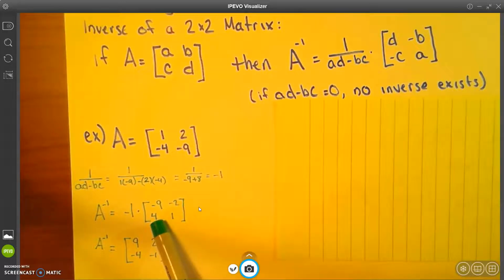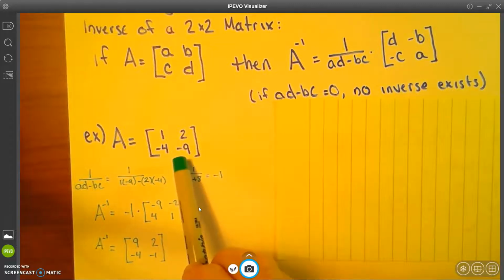It was -4, now it's +4. The very last step is that the coefficient we first calculated distributes to all four entries, so they all become opposites again because we're multiplying that negative through. So this 9, 2, -4, -1 is the inverse matrix of the original A matrix.